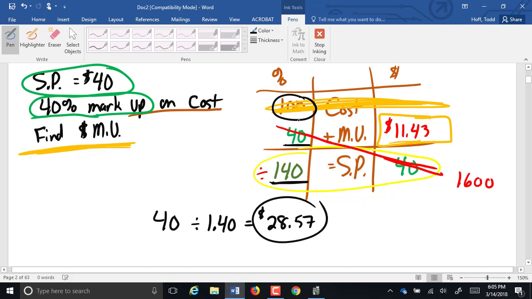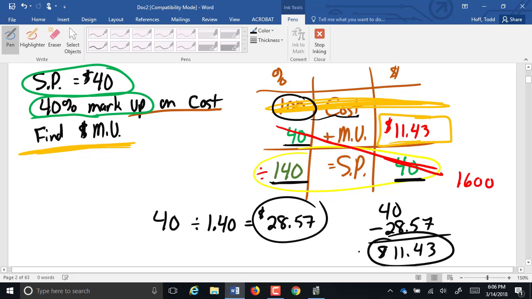That gives you the cost, and then you would have to subtract the cost from the selling price to get to the markup. I'll get myself tongue-tied a little bit here. So to get to the markup directly, there isn't a quicker way than this table.